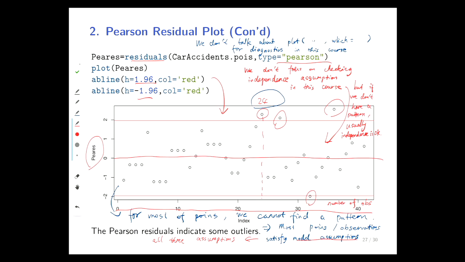Another problem is that dependence is not limited to time series dependence; we also have spatial dependence and network dependence. In order to talk about independence, basically in this course, it's not possible, even though I'm working on it, that's my research. So my suggestion is to just ignore checking the independence assumption. If you are interested in studying time dependence, you can enroll in my course next semester, Applied Time Series.